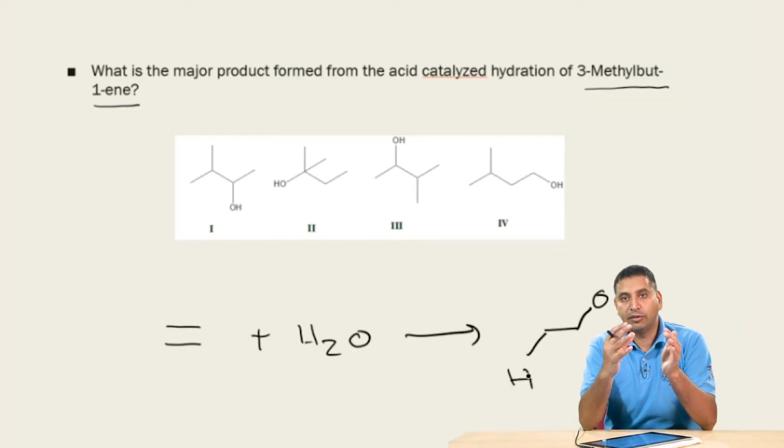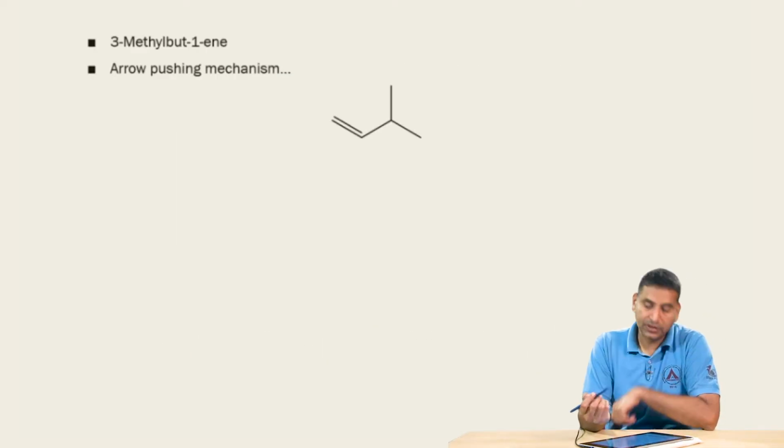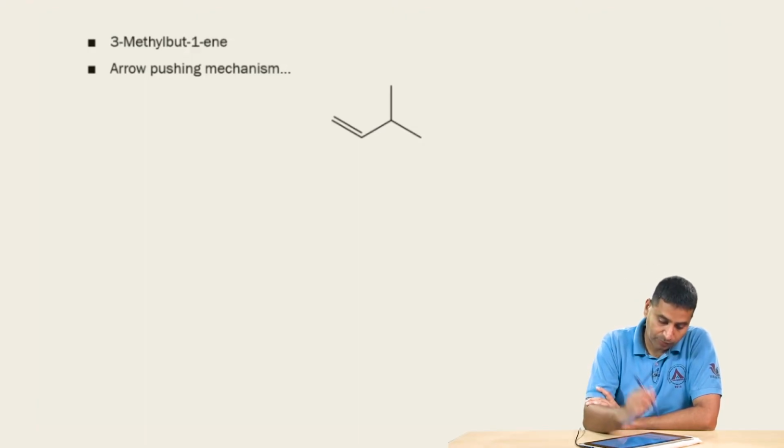So, hydration is nothing but addition of water to the molecule. In this particular case, it is an olefin, and to the olefin formally what we are doing is adding a molecule of water. Now, in order to answer this question, let us first draw out 3-methyl-but-1-ene, which I am assuming that all of you have already drawn.